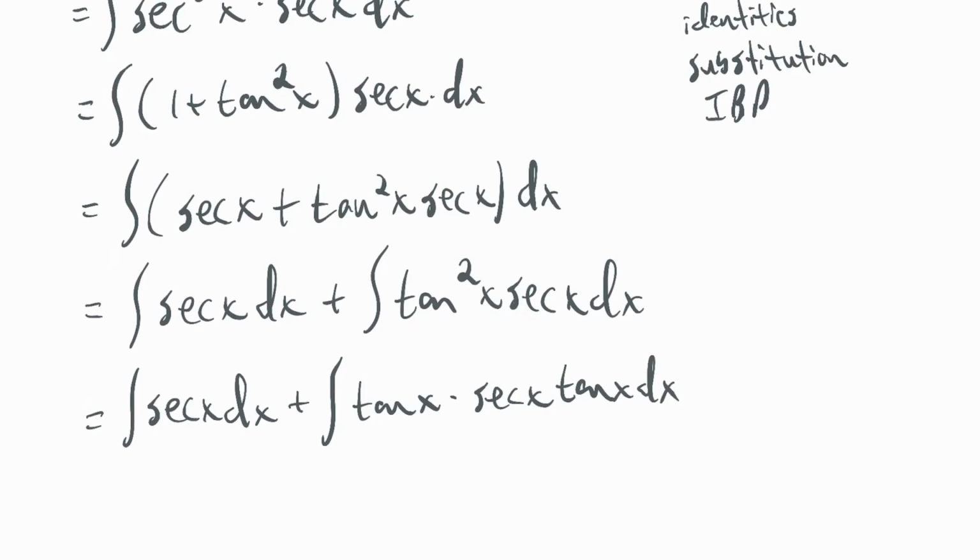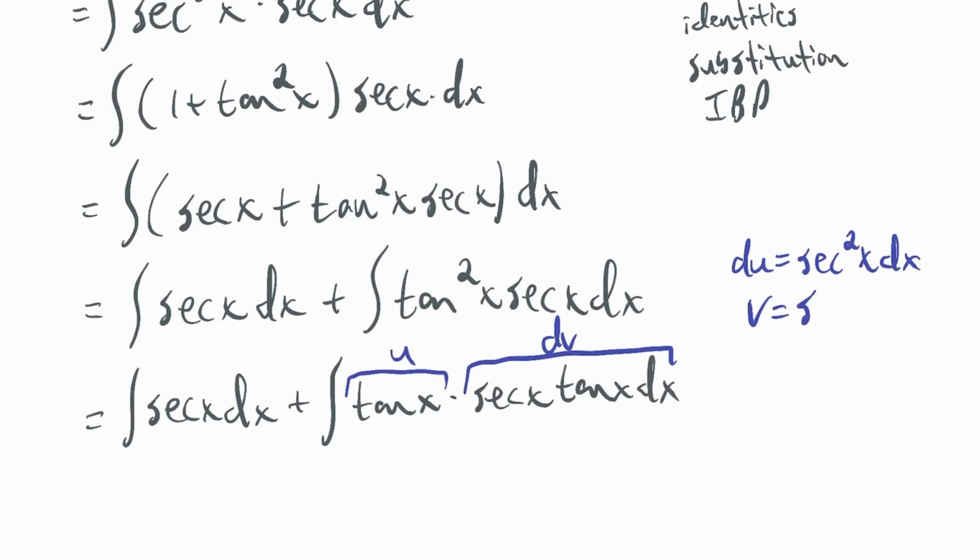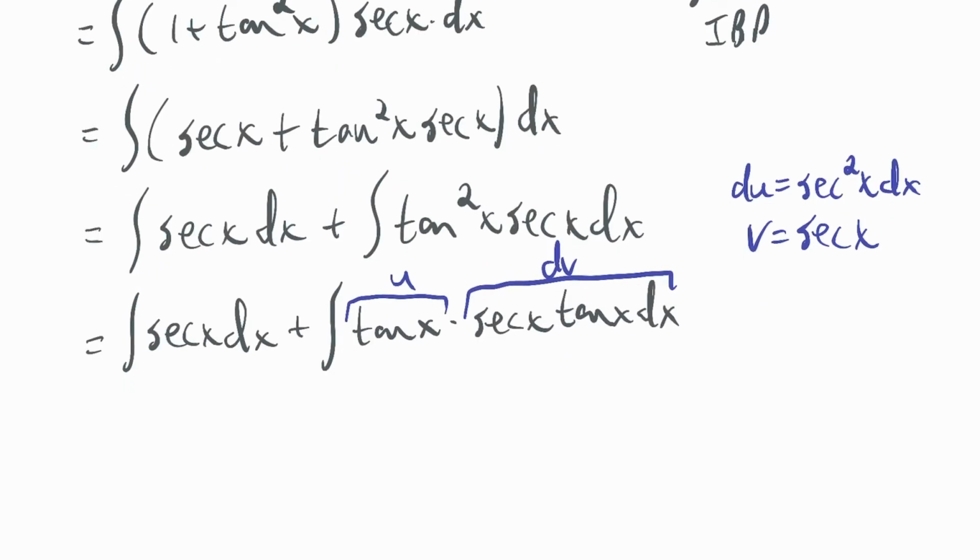I'm going to say that this is my u, and this is my dv for integration by parts. So du is, of course, going to be secant squared x dx, and then v is going to be secant of x plus c, but we don't need to do that in this case. It would end up balancing out anyway.